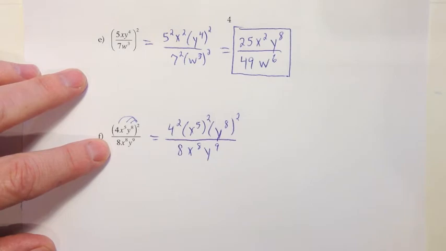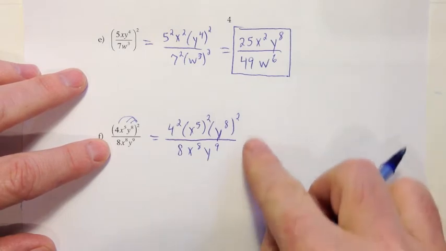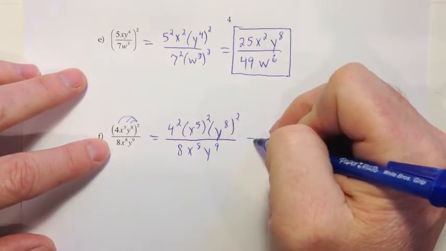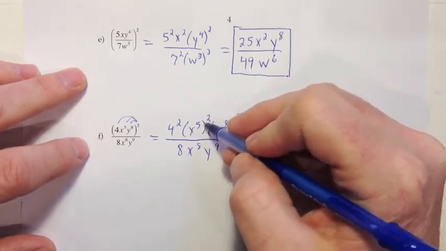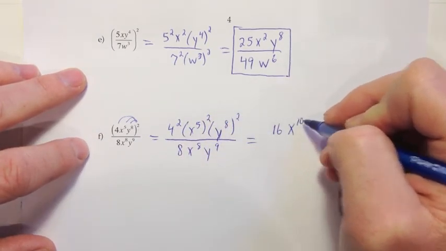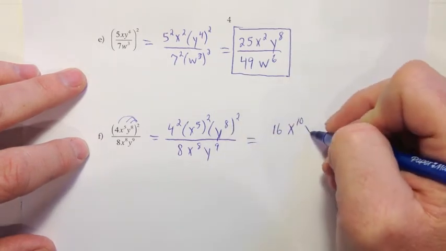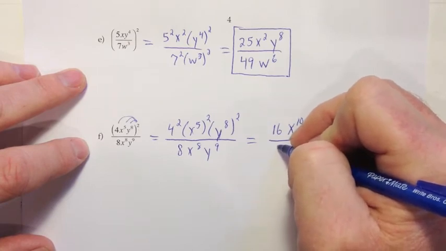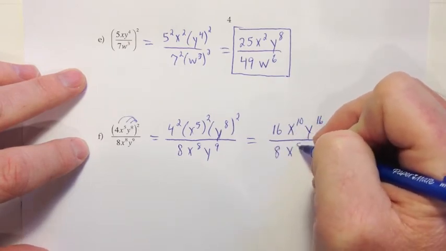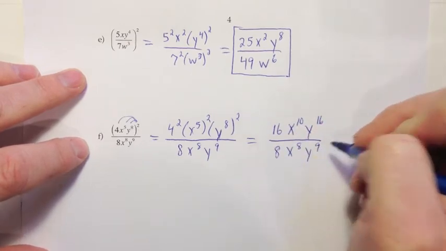And I'm going to work out the top, and once I get that simplified, I'll deal with simplifying across the fraction bar. So the 4 squared is 16, power to a power, so we multiply, x to the 10th, power to a power, so we multiply, y to the 16th, and again the bottom I'm just copying, 8, x to the 8th, and y to the 9th.